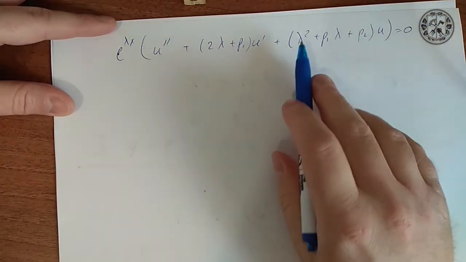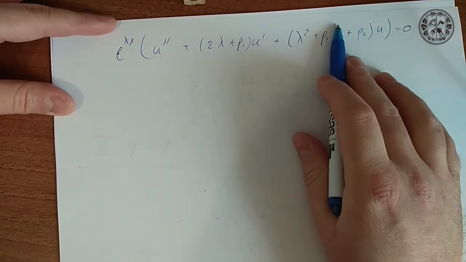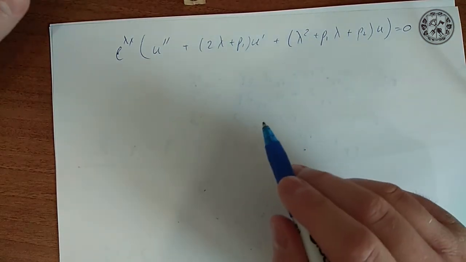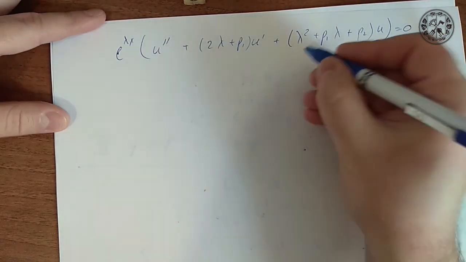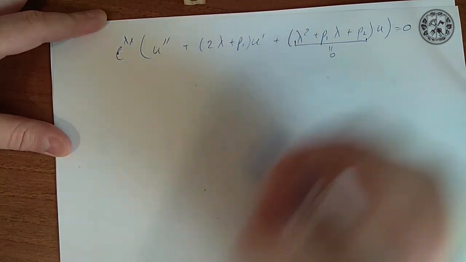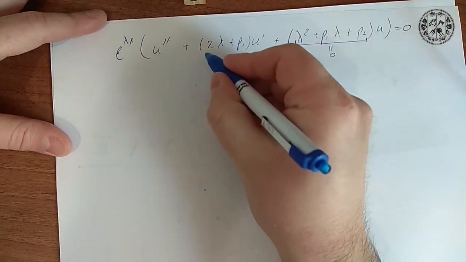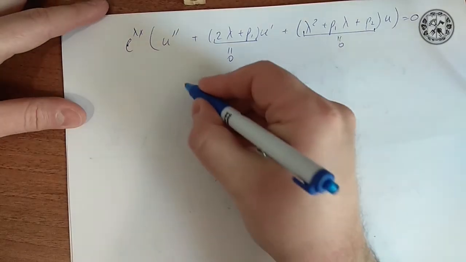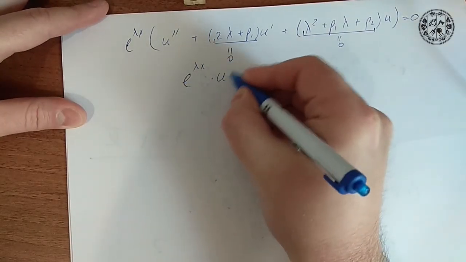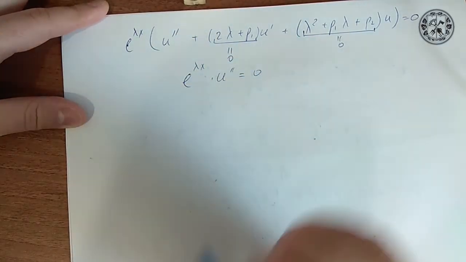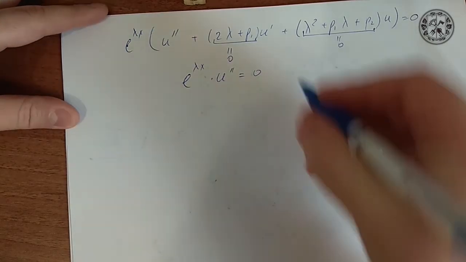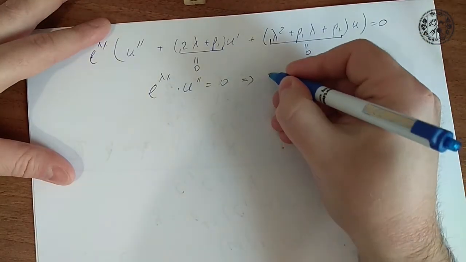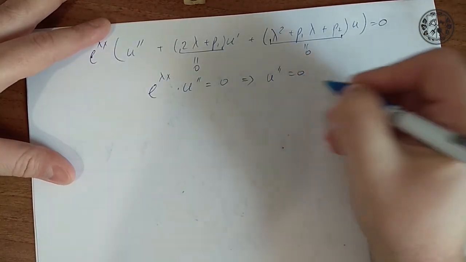Because lambda is the root of this equation, as we initially stated, the last part will be 0, and the middle part will also be 0. So e^(lambda x) u double prime equals 0 will remain. The exponent cannot be 0, so we get u double prime equals 0.